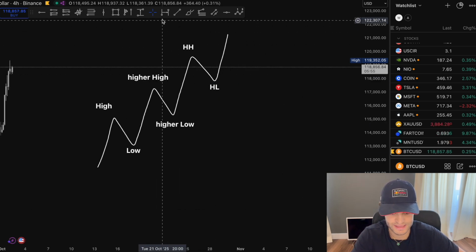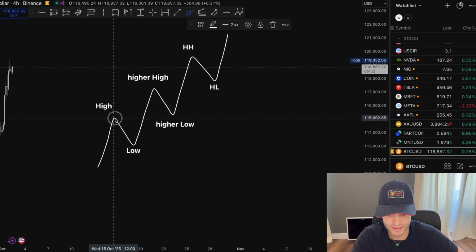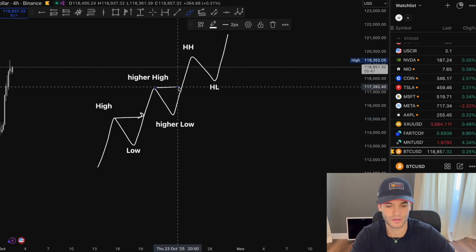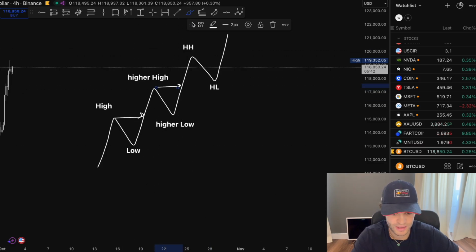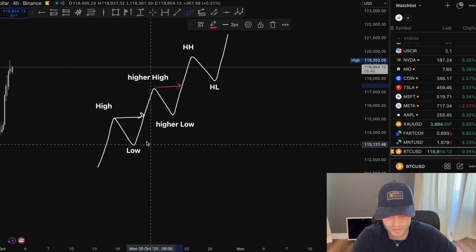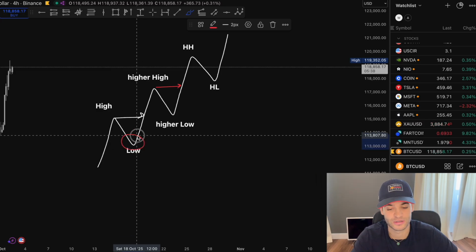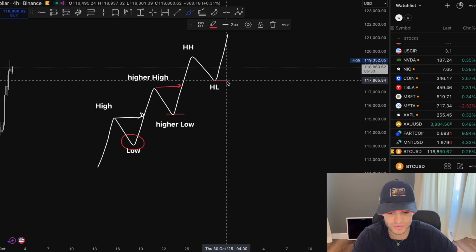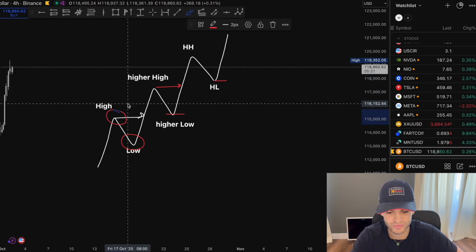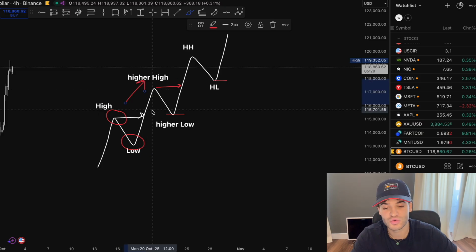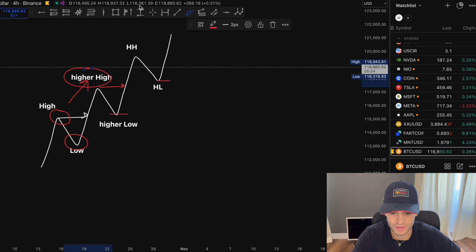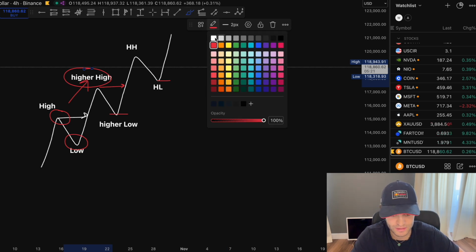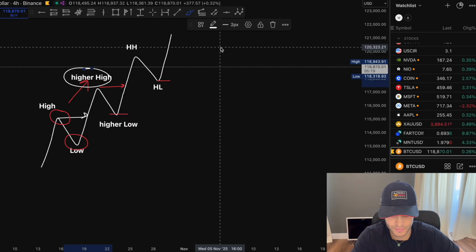Very basic. Basically, every single high needs to be broken once again in order to get our bullish market structure. And it is important that the last low, so here, this is not broken, right? So you always need higher lows, and you need the previous high to always be broken by a new higher high, okay?